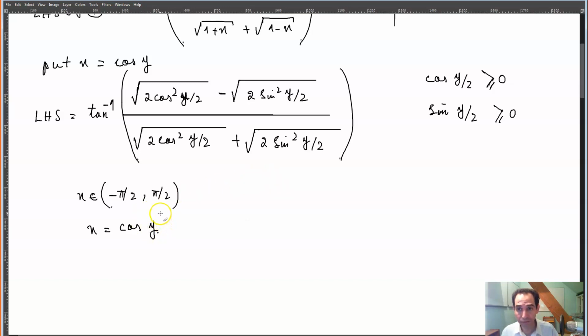Which means that, let me think through this problem.